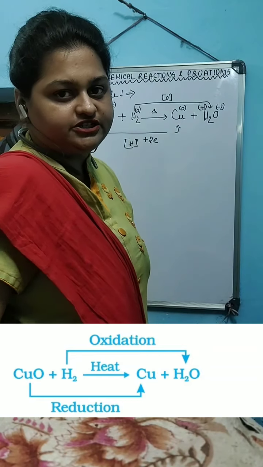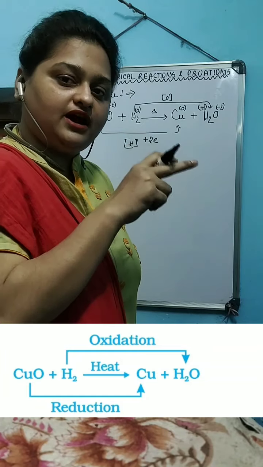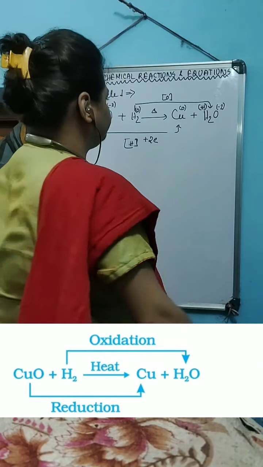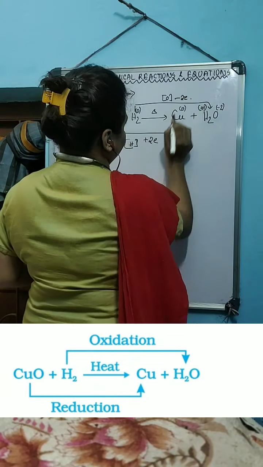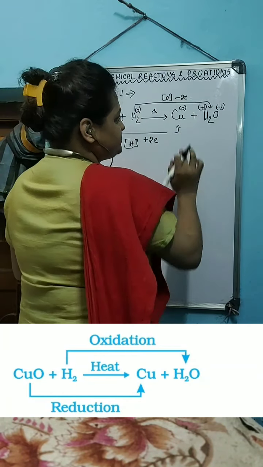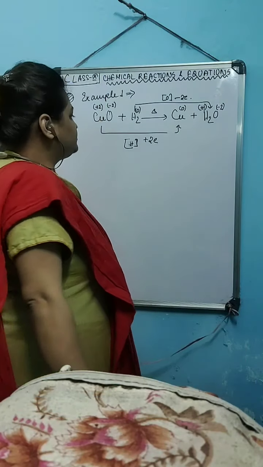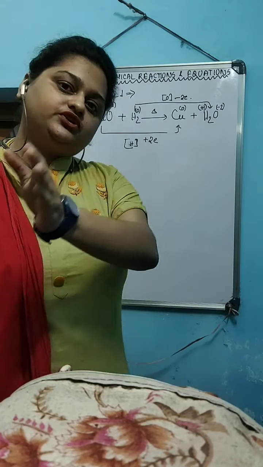Total 2 hydrogens are present here, so 2 H plus are produced by releasing 2 electrons. So in this process, H2 in this reaction is oxidized and copper oxide in this reaction is reduced to copper.